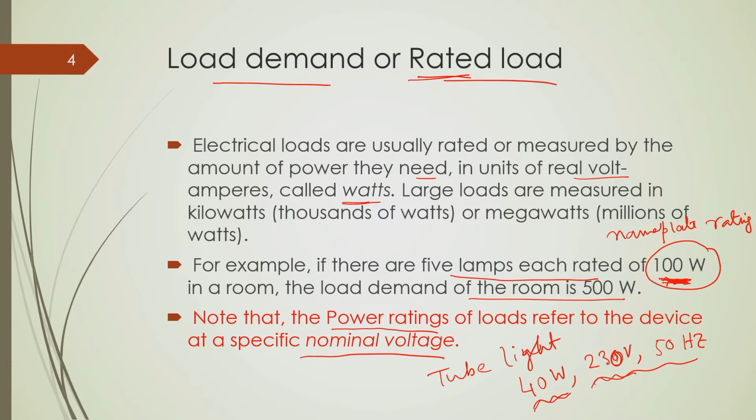Now, if your voltage varies and comes down to 200 volt, then obviously this value will also change. And there are different types of load. I will show you in my next slides, which may have a constant power demand or a variable power demand.